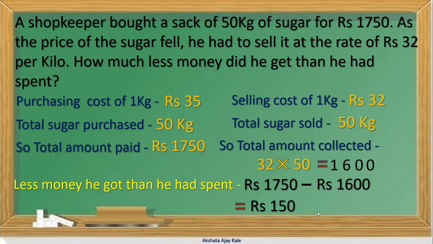Right? Less money he got than he had spent is rupees 150. Got this sum? Yes. Dear children, first you have to understand the given problem. Okay? Then you move to solve this. Got this?